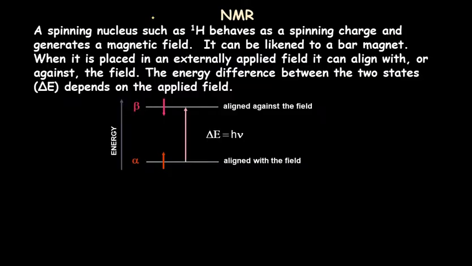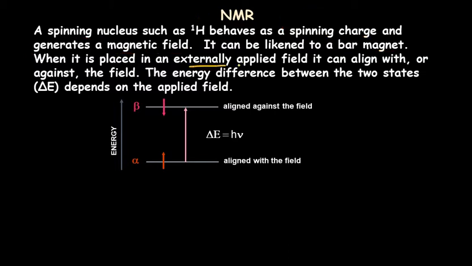Now, how does a compound behave in an external magnetic field to produce various kinds of peaks? A spinning nucleus such as hydrogen 1 behaves as a spinning charge and generates a magnetic field. Hydrogen has just one proton, so that one proton itself will behave like a bar magnet and react in some way to the external magnetic field.